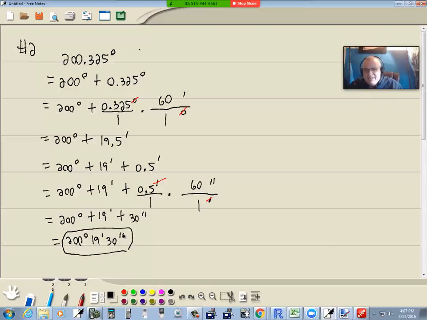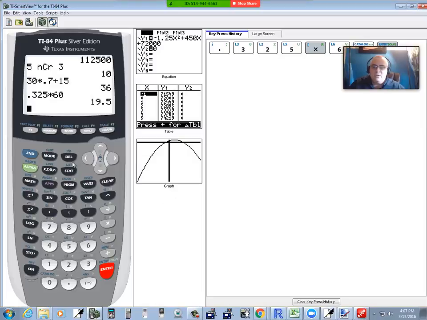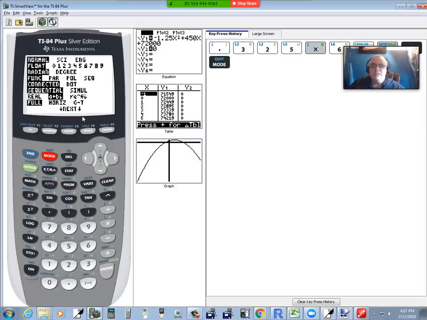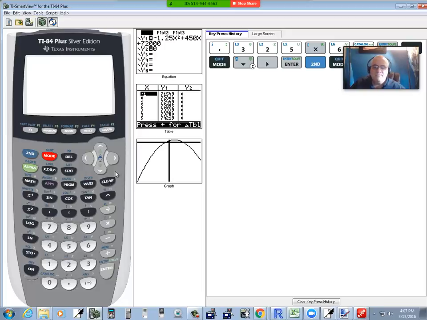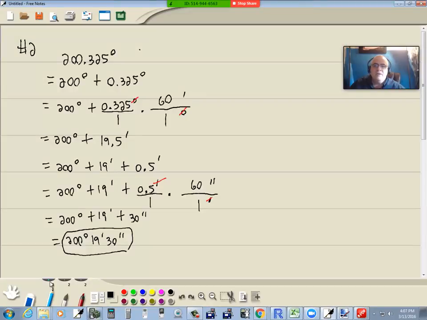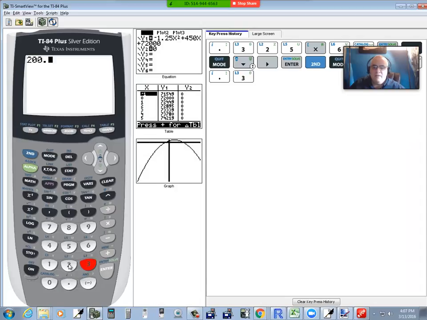Now, I think there's some way to do this in your calculator. Famous last words. Let me see if I can figure it out. I want to make sure I'm in degrees. And we've got 200.325, and I want to convert that.